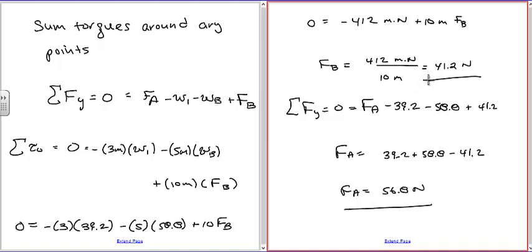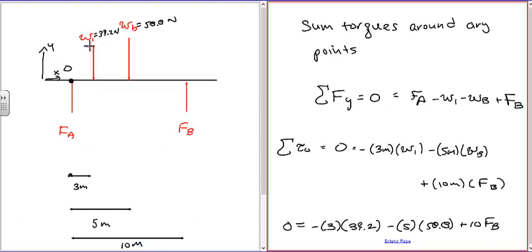Okay, so that's the answer. We said F sub A should be greater than F sub B because we have this loading weight which is off-centered towards A, so we'd expect A to be heavier.